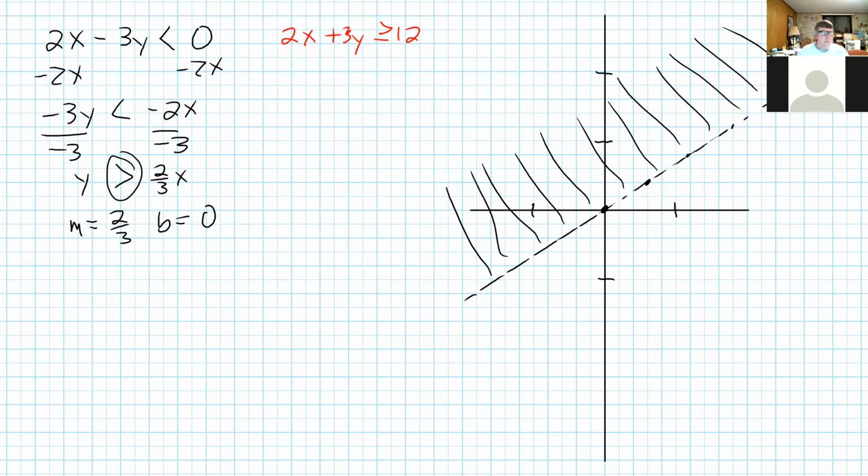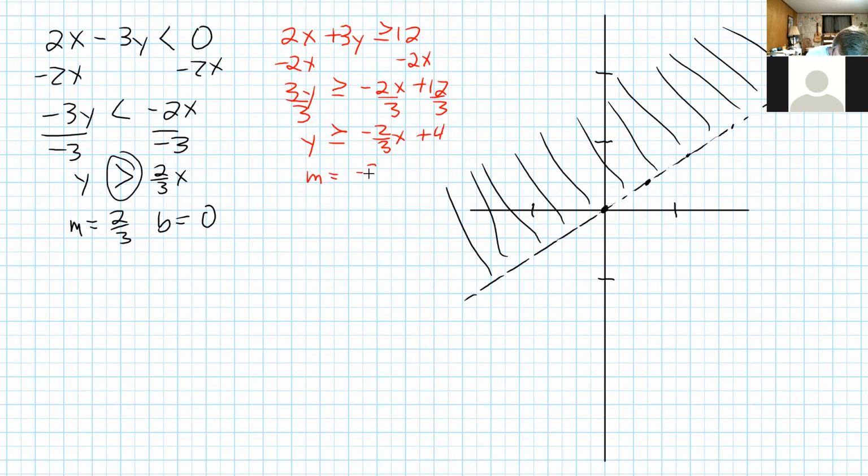All right, next up, the red inequality, 2x plus 3y greater than or equal to 12. Let's see if we can make that 3 a little bit easier to read. So here, I'm going to subtract 2x from both sides of the inequality, 3y greater than or equal to negative 2x plus 12, divide each term on both sides by a positive 3, so I get y is greater than or equal to negative 2/3 x plus 4.